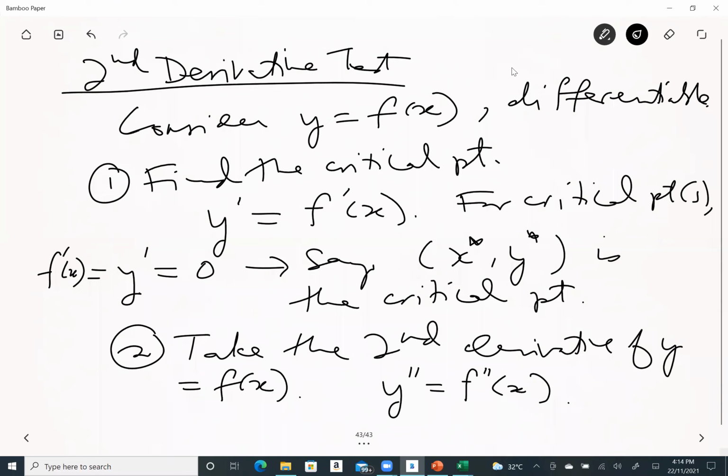This is the rule. So the last person who finishes, let me know. Okay, done. All right.